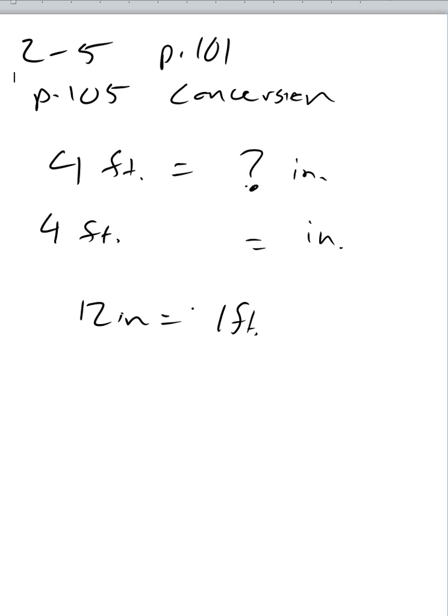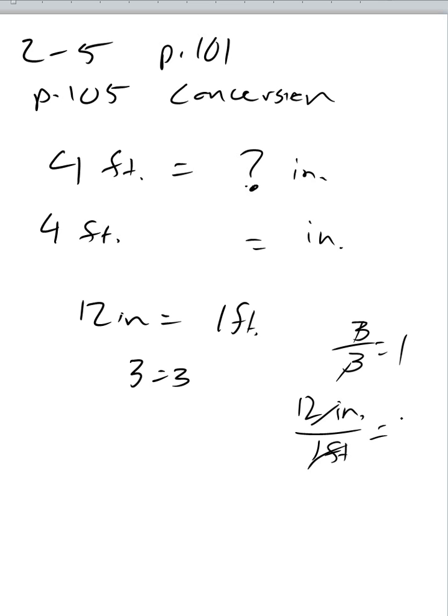Just like 3 equals 3, they're the same. If I took 3 over 3 in a fraction, that's the same thing as 1. If I put 12 inches over 1 foot in a fraction, it's the same thing as 1 also, because they're the same. I could reduce that down and get 1.